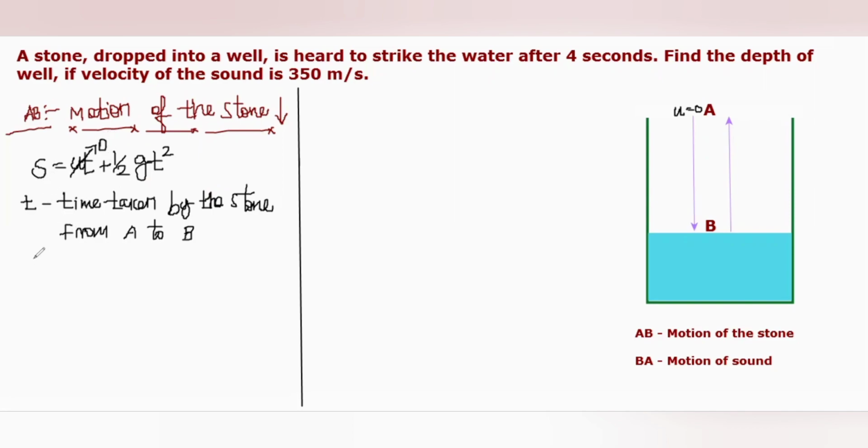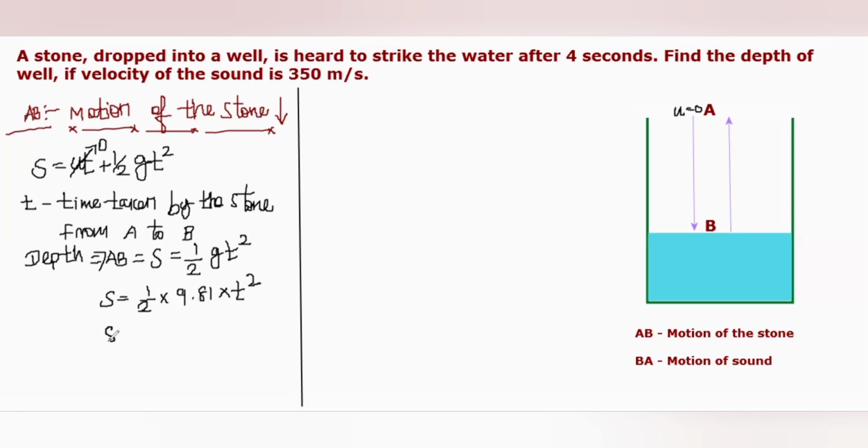So the depth, or the distance AB, equals 1 by 2 g t square. We can write it as 1 by 2, substituting the g value 9.81 or simply 9.8, multiplied with t square.